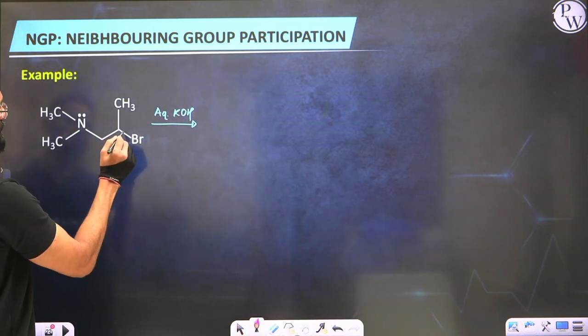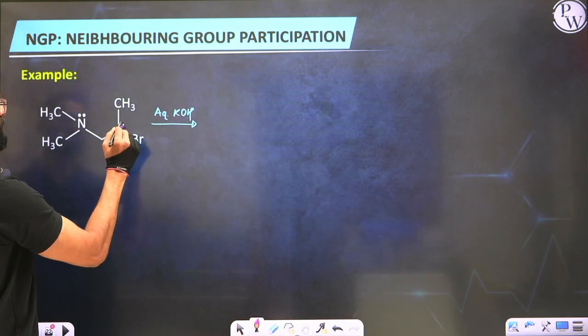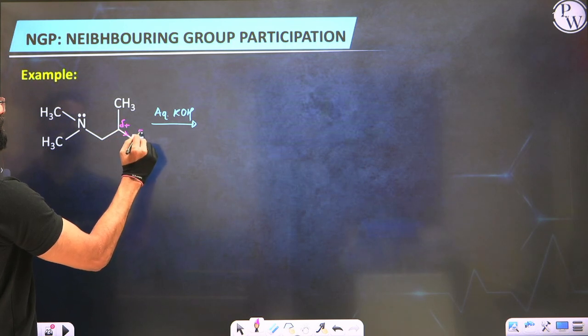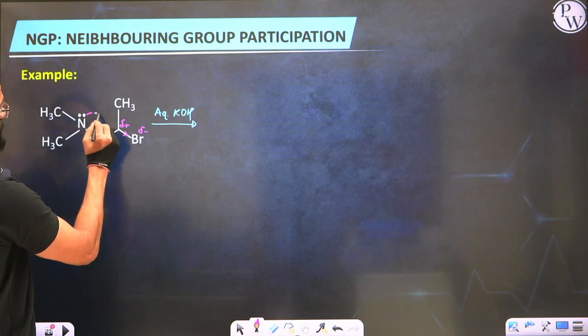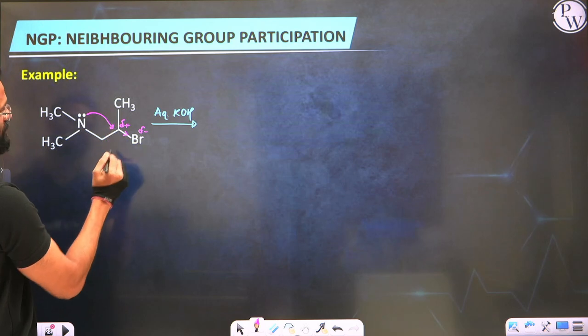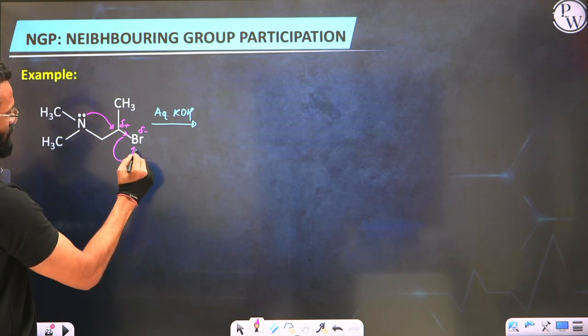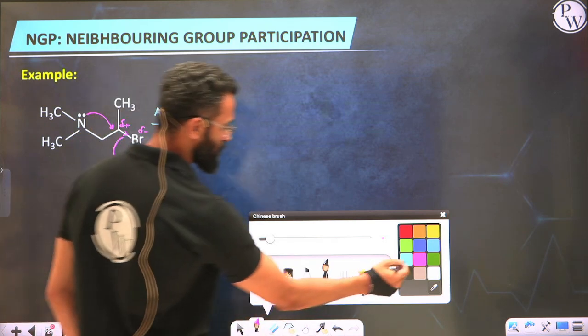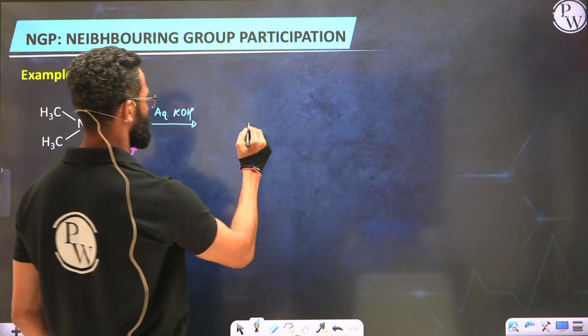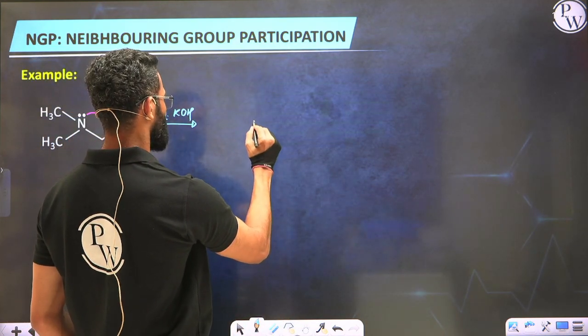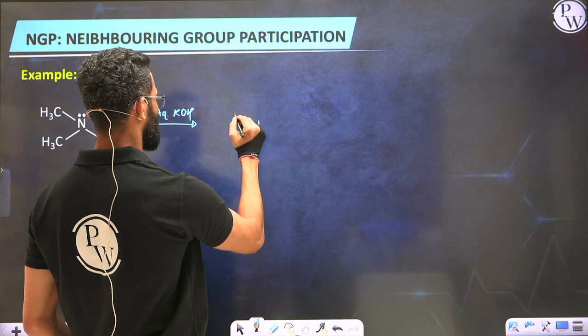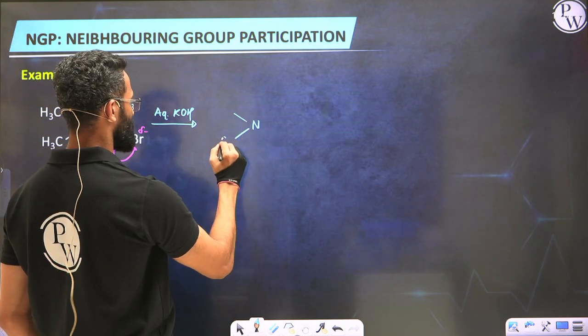So that's a carbon carrying leaving group. So we have got delta plus here, delta minus here. Lone pair of nitrogen attacked here, bromine left. So we have got a nitrogen carrying 2-methyl.